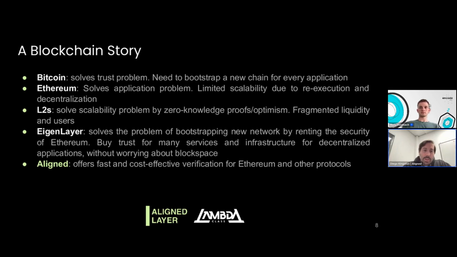But as I told you, one problem that we face is that verification costs in Ethereum are quite high. So the cheapest proof system right now is Groth16, and more or less it takes 250K, 300K gas to verify one of these proofs.